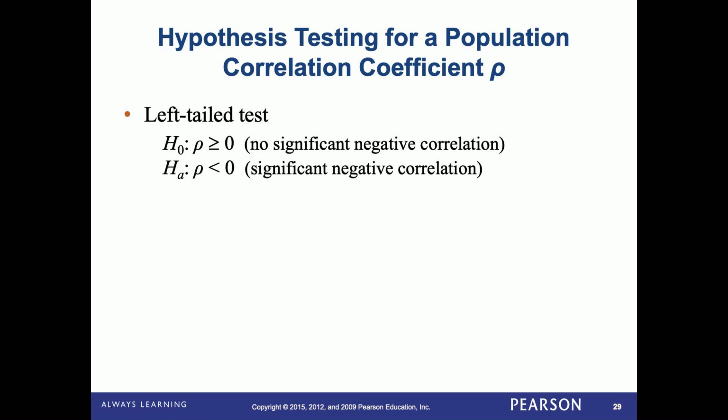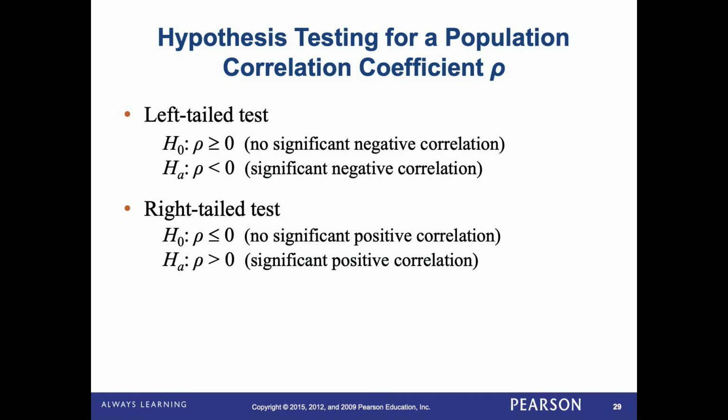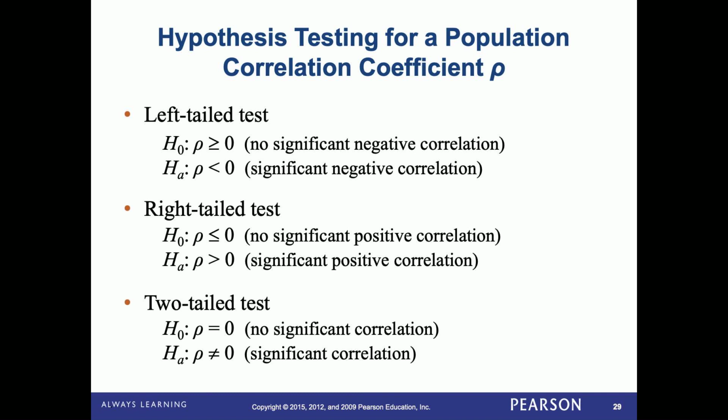If it's less than 0, it is significant. If it's right-tailed and rho is less than or equal to 0, there's no positive correlation, but if it's greater than 0, there is significant positive correlation. If it's two-tailed, if rho is equal to 0, there's no significant correlation. But if rho is not equal to 0, there is significant correlation. So in each one of these hypothesis tests, they have to tell you whether it's left-tailed, right-tailed, or two-tailed.